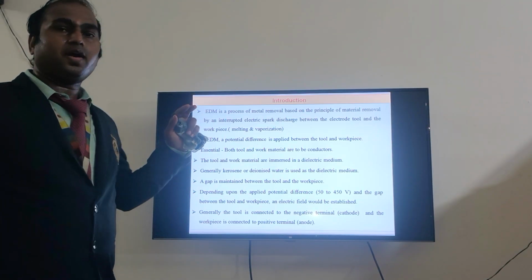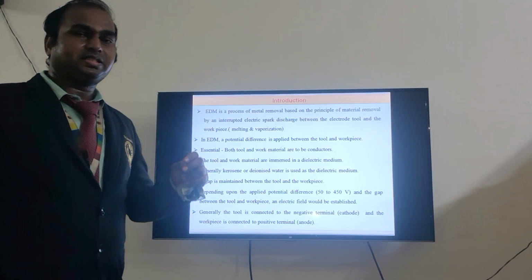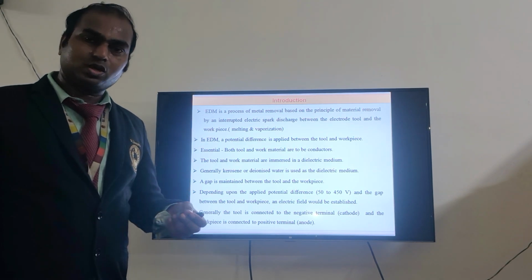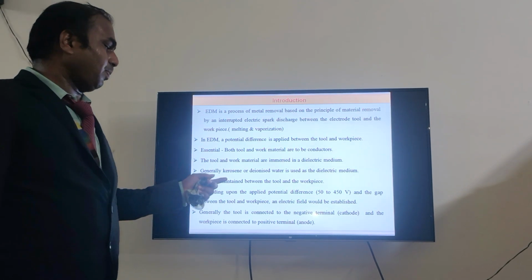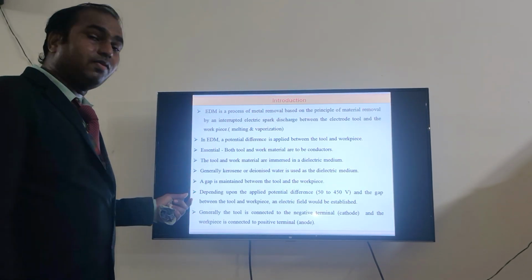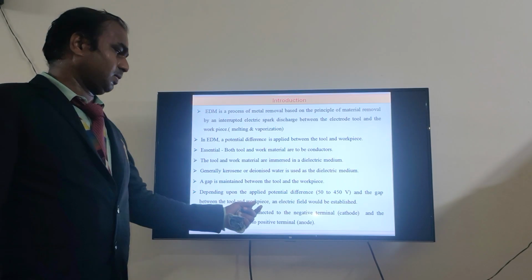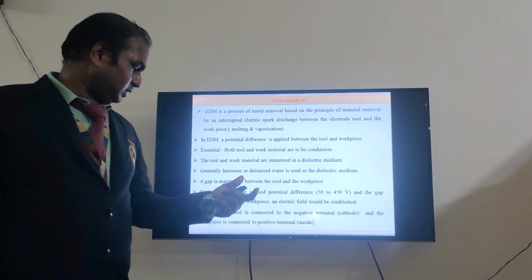Generally we use deionized water as a dielectric medium, or kerosene, distilled water or specialized mineral oils. Depending upon the potential difference, which we call the voltage gap, given between the electrode and the workpiece, which is established depending upon the machine settings.